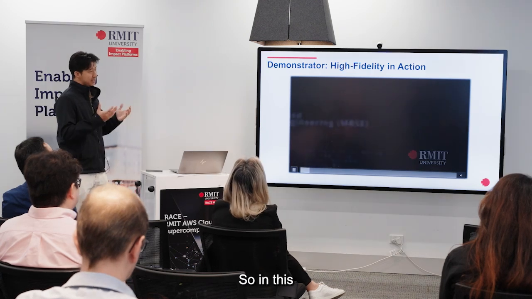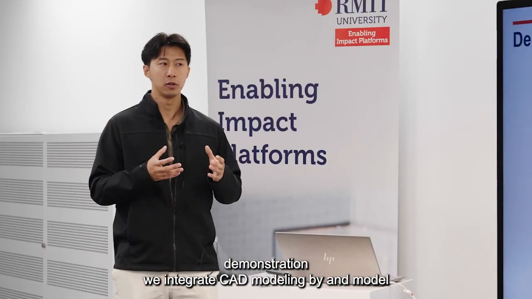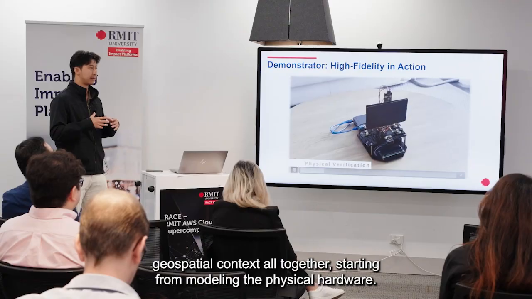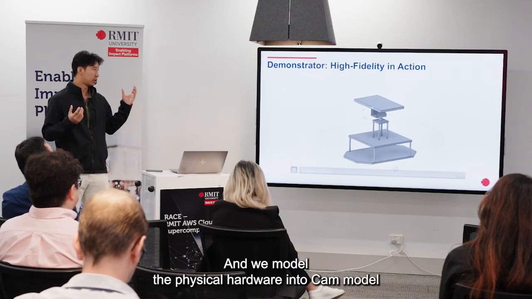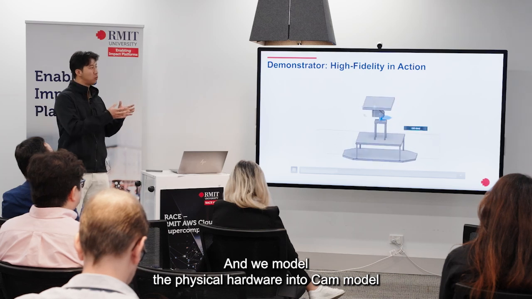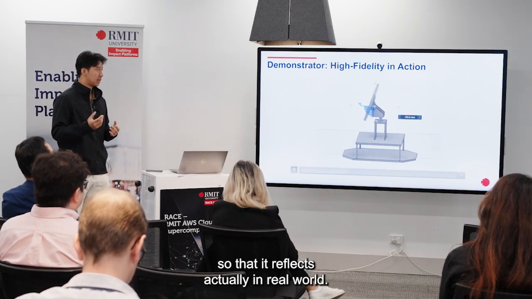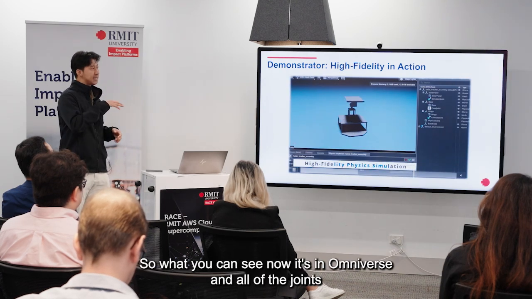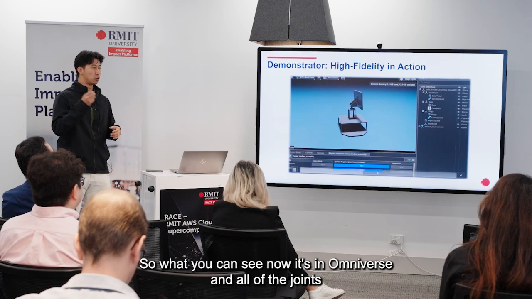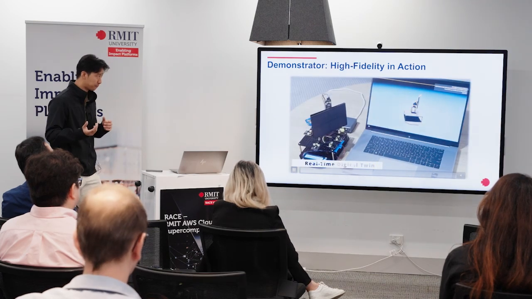In this demonstration, we integrate CAD modeling, BIM model, and geospatial context all together, starting from modeling the physical hardware. We model the physical hardware into a CAD model and then define all of the joints and physical properties so that it reflects accurately the real world. What you can see now is in Omniverse, and all of the joints are set correctly to the spring and damper ratio.